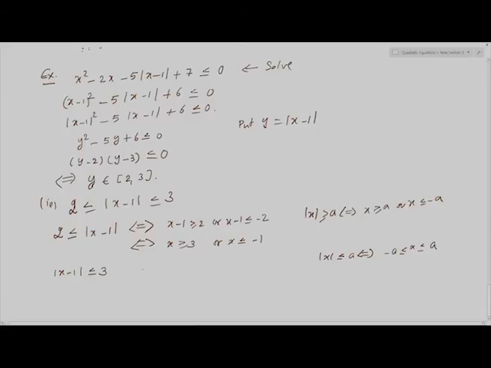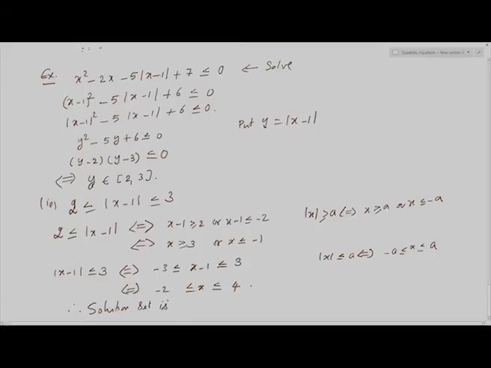Hence this is if and only if minus 3 less than or equal to x minus 1 less than or equal to 3, which is if and only if, keeping x in the middle, minus 2 less than or equal to x less than or equal to 4. Therefore, now I can write the solution set.